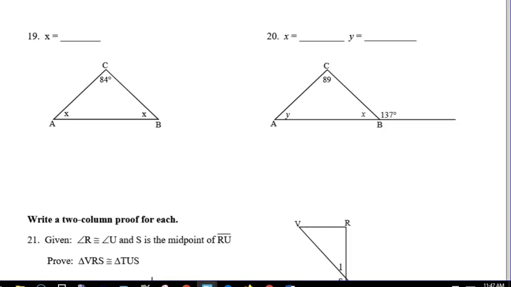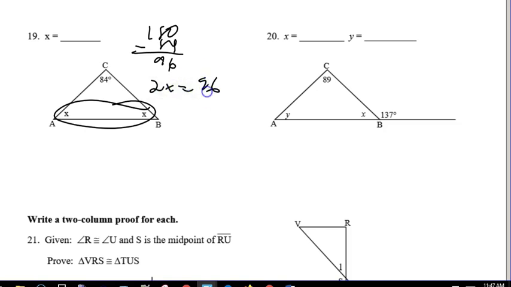All right, next one. If you take 180 minus 84, that gives you 96. Since these are both the same, 2x equals 96, just divide by 2. 48 degrees. X and 137 form a linear pair.